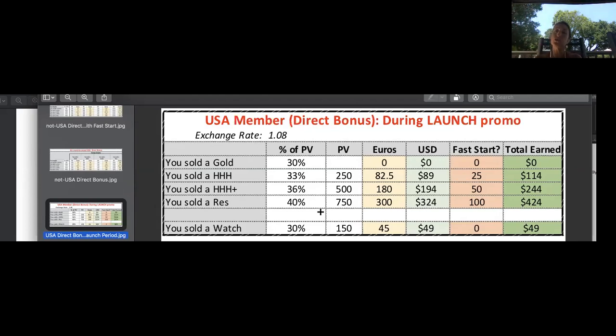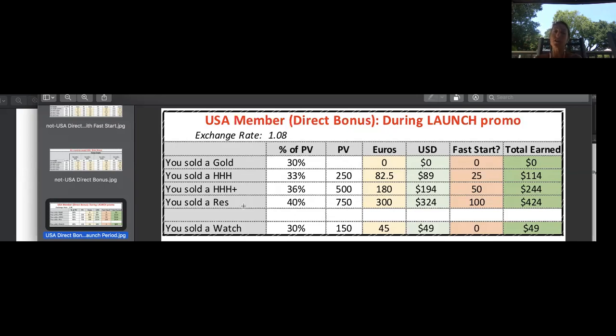So in that situation, obviously our commission is reduced because the member is paying less for their product. So let's just start with the Resonance. Instead of that PV being $12.50, you get the PV of $7.50. Same with the Holistic Health and the Holistic Health Plus. So basically, the PV is reduced to go to the previous model because that's what the person has paid for. But the percentage actually stays the same.